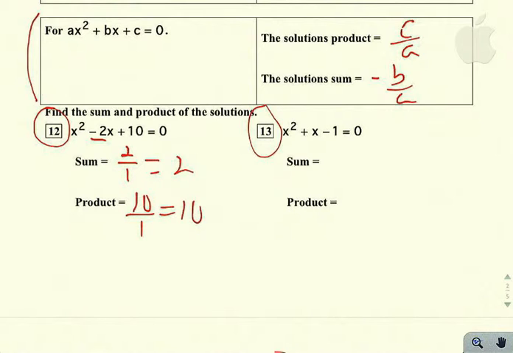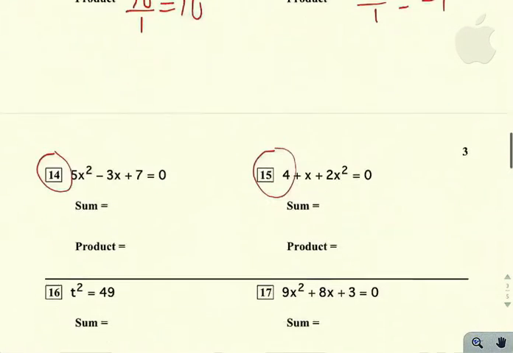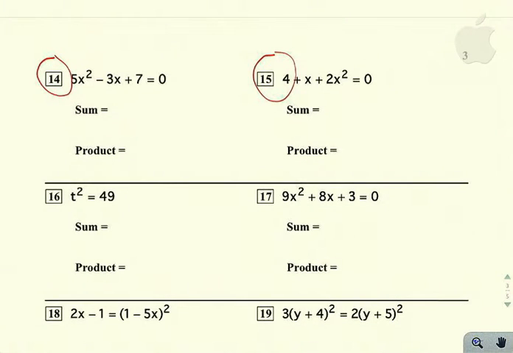In number 13, the sum of the two solutions to this equation would be minus 1 over 1, which is minus 1. And the product would be minus 1 over 1, which is minus 1. Number 14, the sum would be the opposite of that, over 5, and the product of the solutions would be 7 over 5.